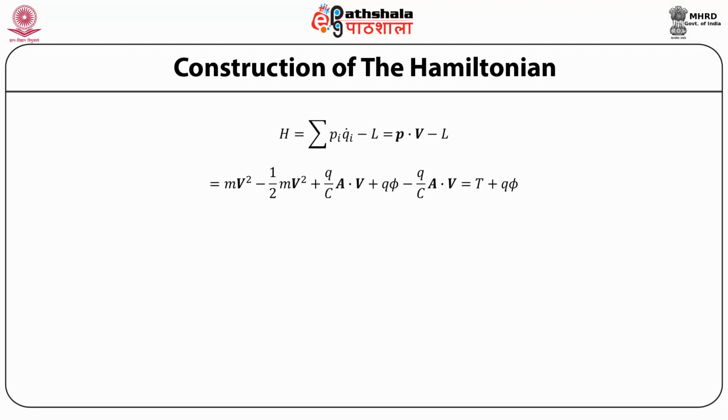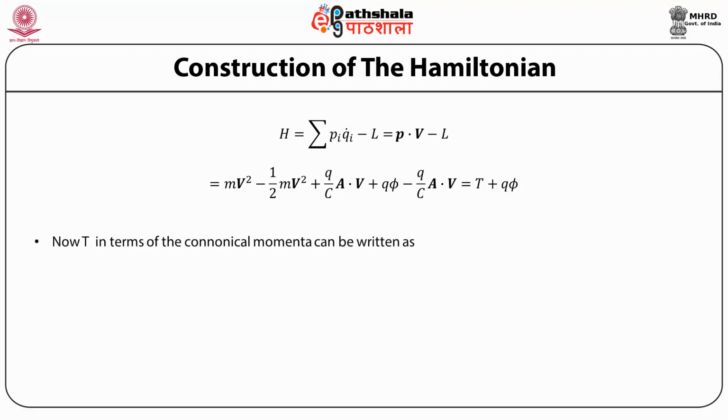The Hamiltonian now, from the definition, can be written as the Hamiltonian being sum over all i of Pi qi dot minus L. So it becomes a scalar product of the canonical momentum P with the velocity v minus L. And for the canonical momentum P, we have the expression P is equal to mv plus q by c A. So substituting that, we can simplify this expression and we get H is equal to T plus q phi.